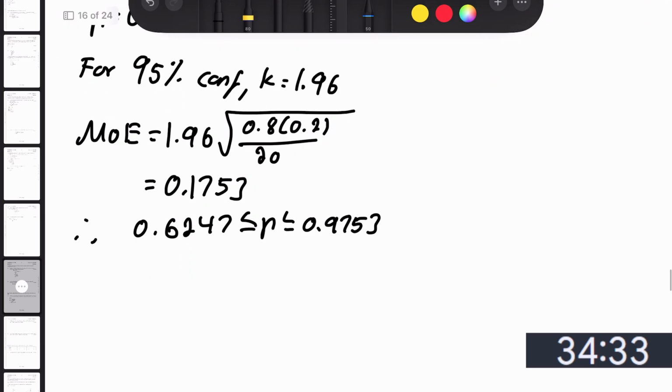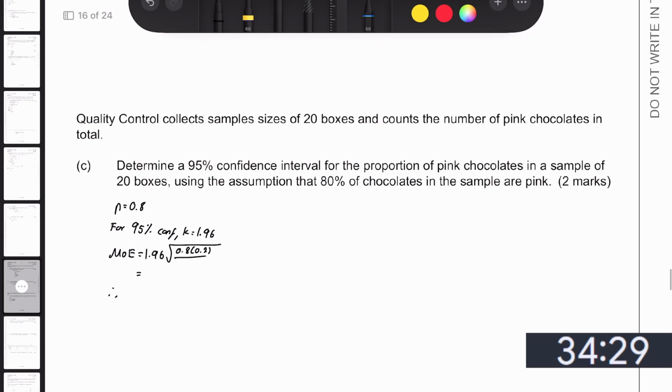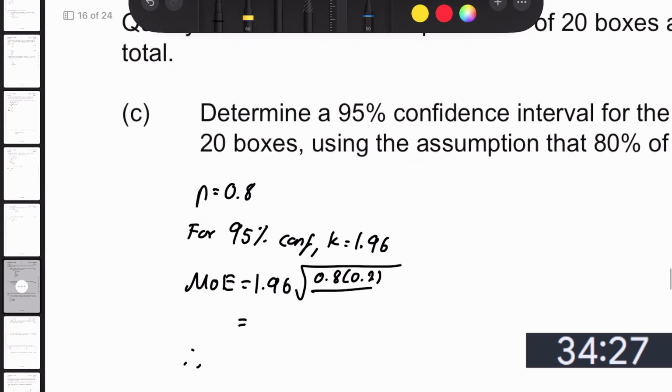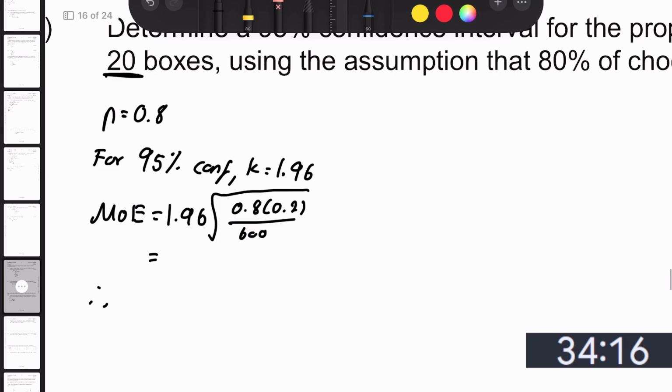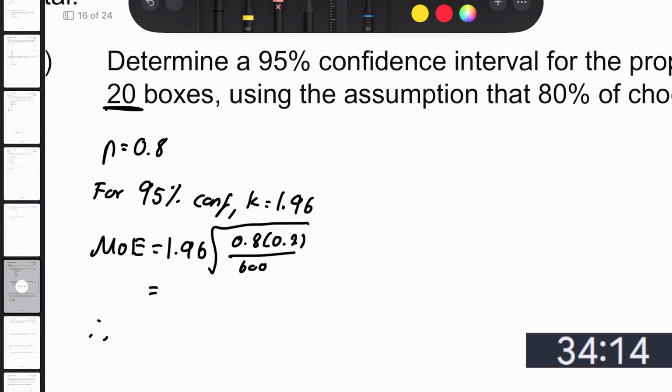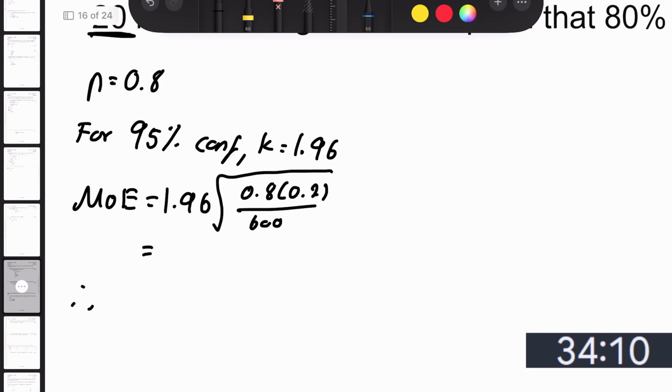Okay, I'm going to change this. 95%. I want 20 boxes, and in each box there are 30 chocolates. So my population is going to be 600, which makes sense because it has to be greater than 30.